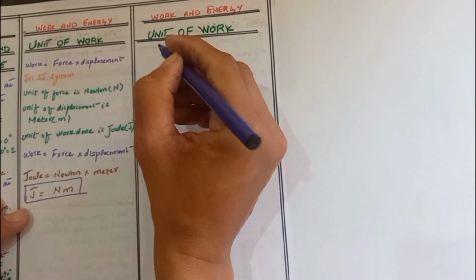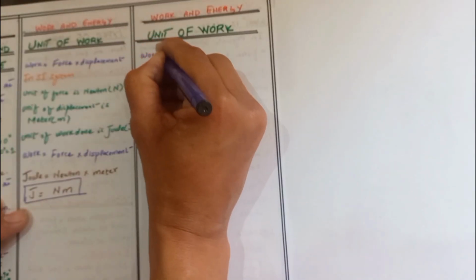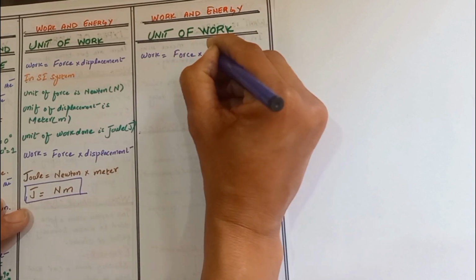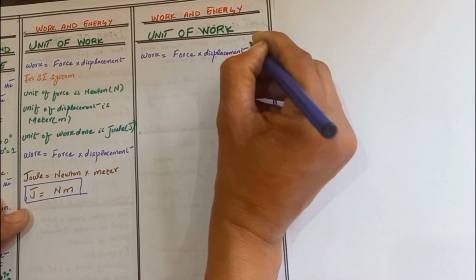Now we discuss the unit of work in the CGS system, where the formula is force into displacement.